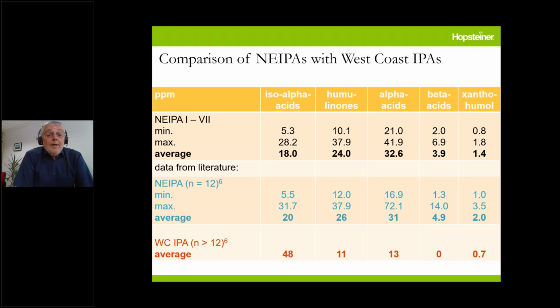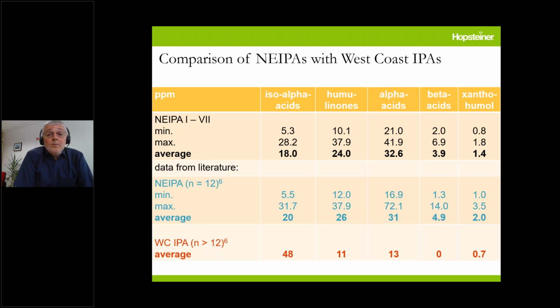We have 18 milligram of iso-alpha acids in our range. Published data is 20, for example, for the iso-alpha acids. For the humulinones, 24 to 26. For the alpha acids, 30.6 to 31. Beta acids, 3.9 to 4.9. And xanthohumol, 1.4 to 2.0.